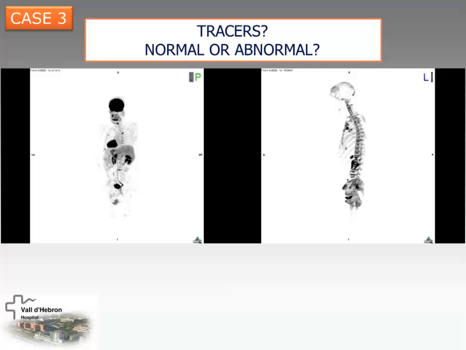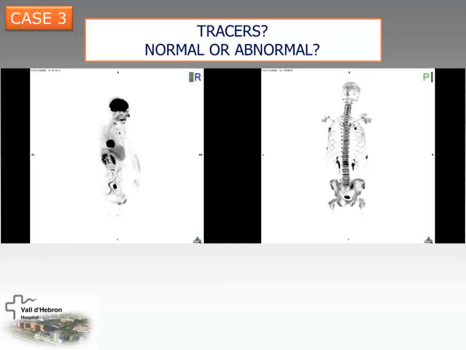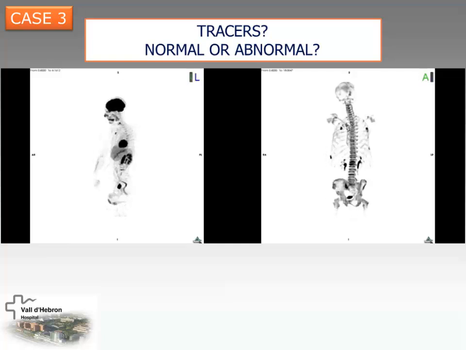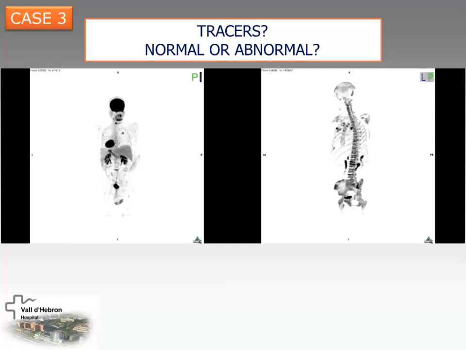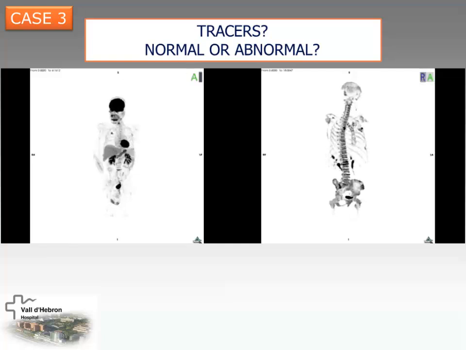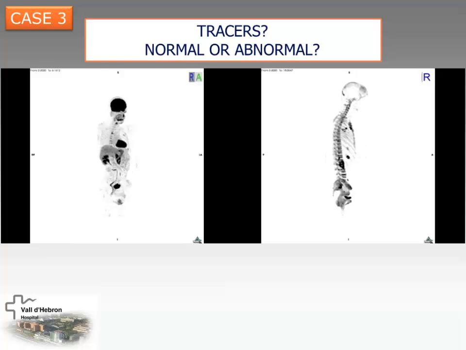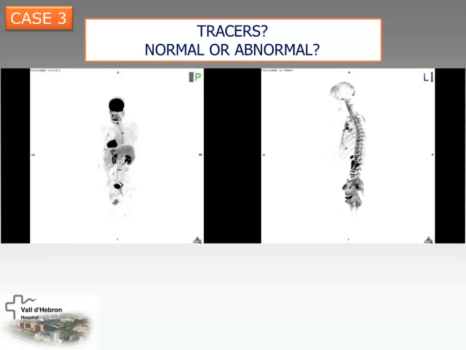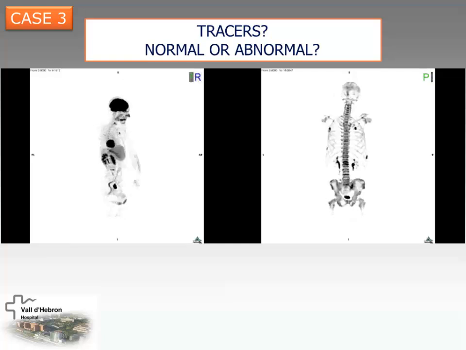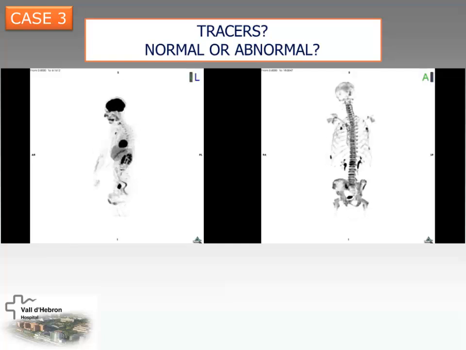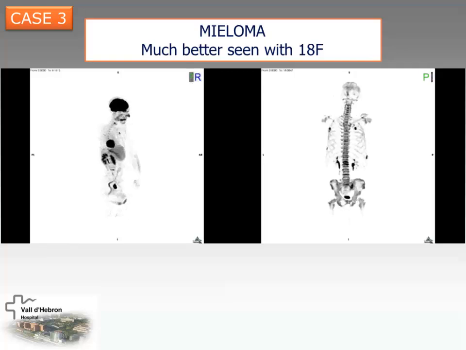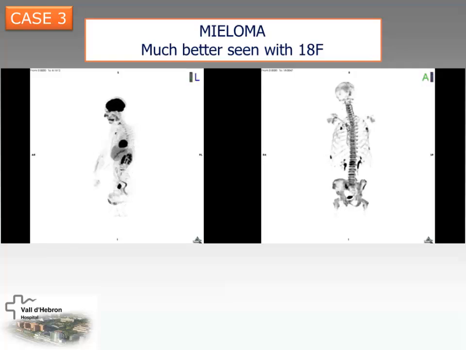Well, what do you suggest as diagnosis? The bone scan was normal. In which oncologic disease can we have a normal bone scan with a lot of bone metastases? Myeloma. Okay.